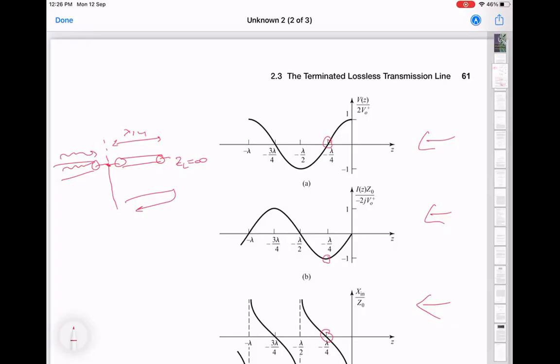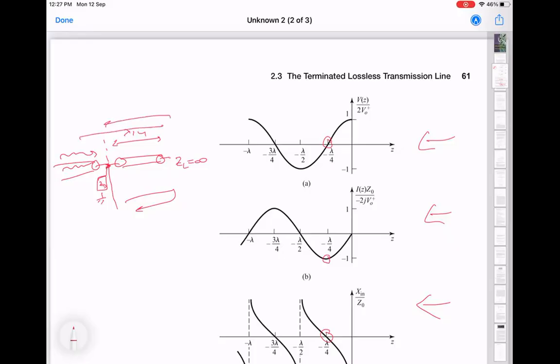So here it says that the voltage actually goes to 0. Which means that if I connect some device here, then this device will not experience any voltage drop across it, even though it is connected to that line, because of the interference between the waves going in this direction and the waves going in this direction.